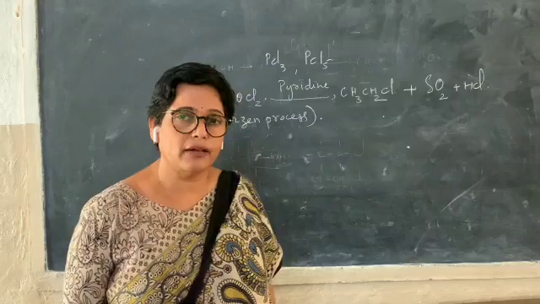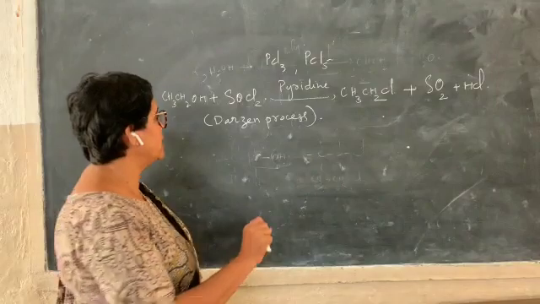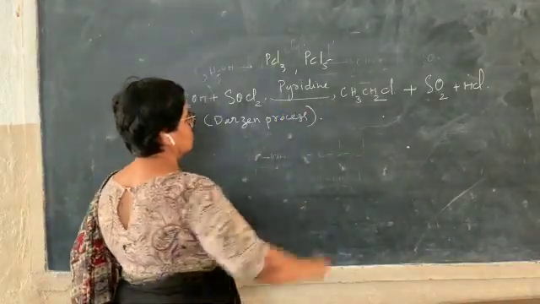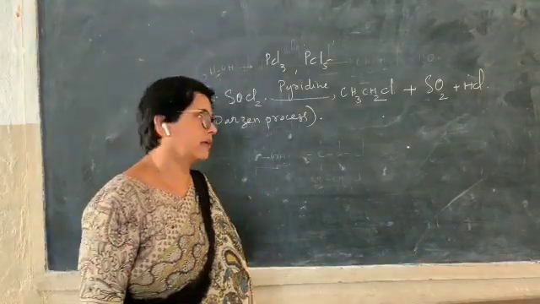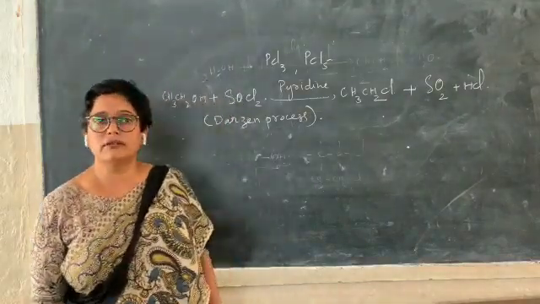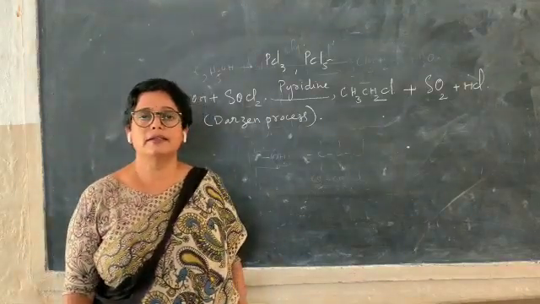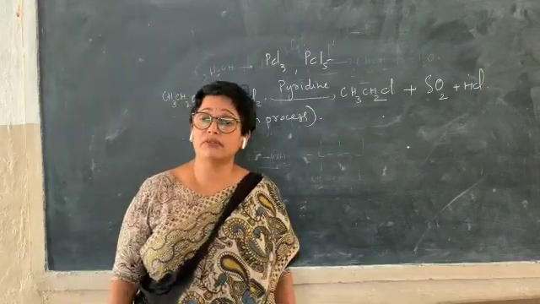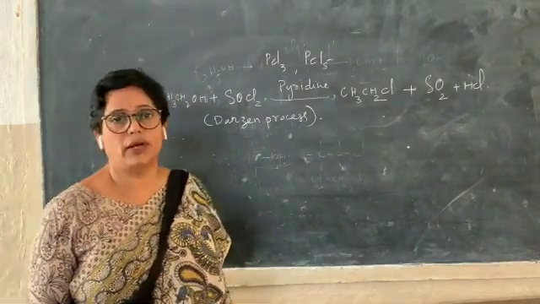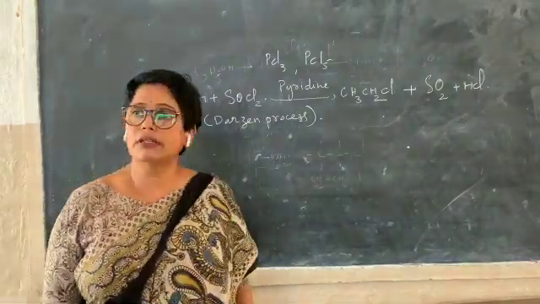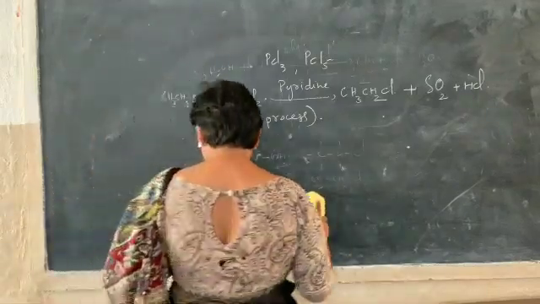So you have to remember one point: one is the reagent pyridine, and another is thionyl chloride. The reaction of alcohol and thionyl chloride is from the section of preparation of haloalkanes, the purest form of preparation of haloalkane. So we call this process the Darzens process. So it is over.